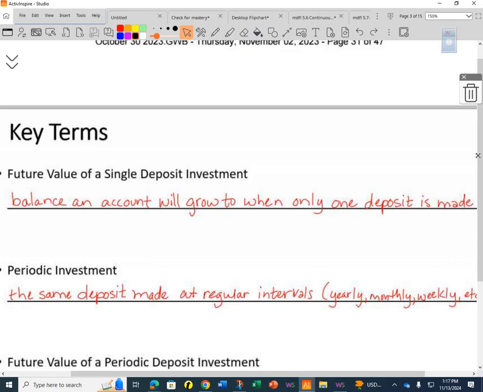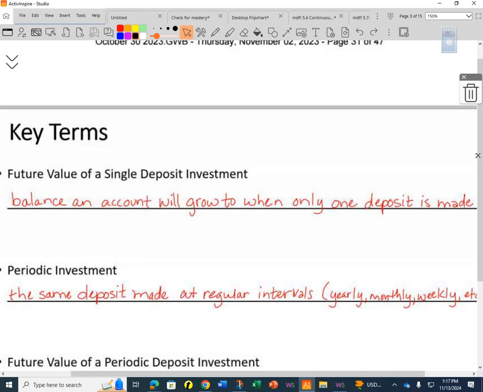The next one says future value of a periodic deposit investment. So now, if we're depositing the same amount at periodic intervals, we should be able to predict how much money we'll have based on the interest rate and the amount of time that passes in the future, right? So we can pick 30 years, or 15 years, or 10 years, or 5 years.